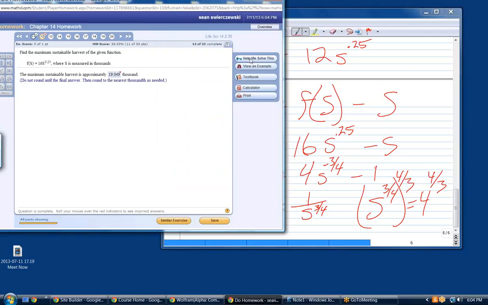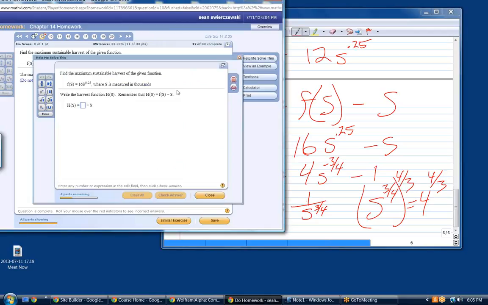Help me solve this? Will that help us? It'll just show us the same thing that we went through. Remember that h of s, the harvest function, is 16s raised to the 0.25, right?